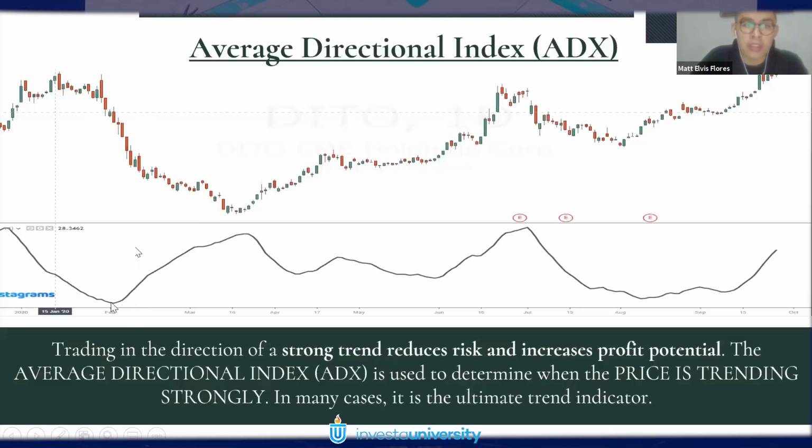This is your oversold condition at the bottom. It's starting to move up and you can see your stock price starting to move up also. So meaning the strength of the stock, it's gaining momentum, it's trending upward. Now, let's say the opposite, which I'll show later as an example.